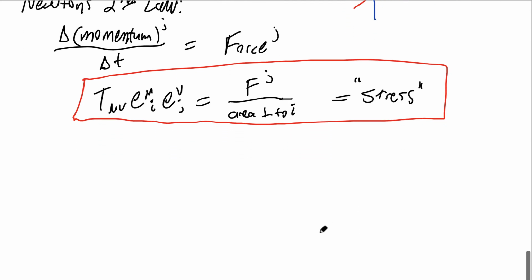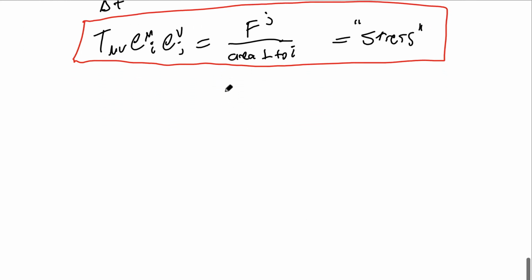So let's make sure this is clear. What we're talking about, we have a surface that's perpendicular to the EI direction, and the left side contains matter and fields, and those can exert forces on the matter and fields on the right-hand side. So now these are force vectors.